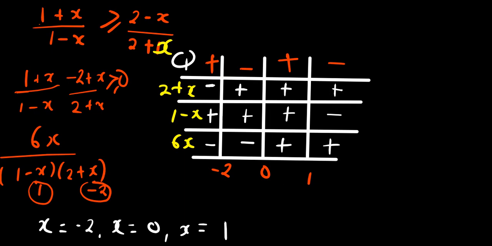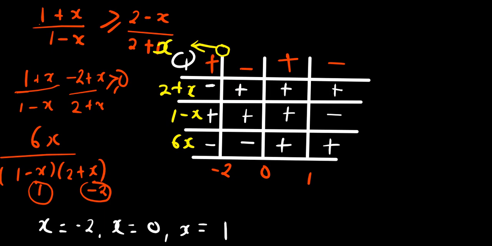Which will make the fraction undefined. So we don't want these two values. So what are we now going to have? We want all the values, unless those ones, we don't want those ones. We don't want 2, we want all the values, but we don't want 2. Okay, going this side, we're going this side.